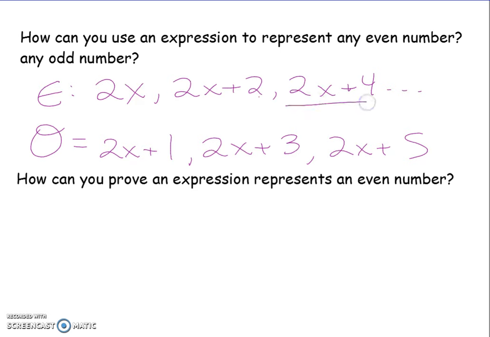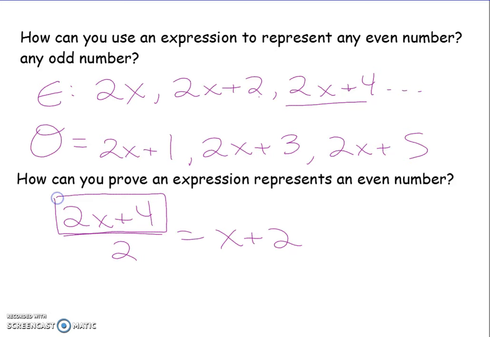Let's take this one. Is 2x plus 4 divisible by 2? What do I get when I divide it by 2? x plus 2. This is even. But x plus 2 is not. Right. But I proved it, because x doesn't have to be even.